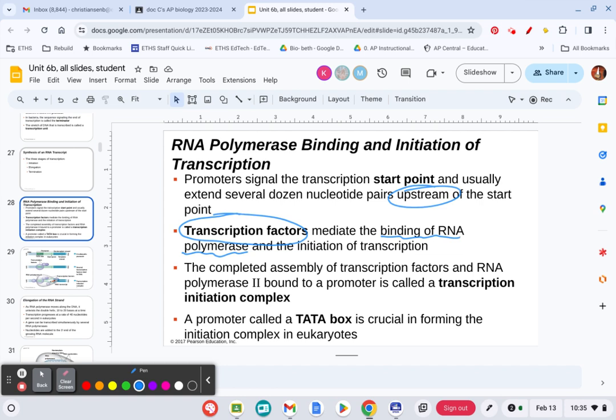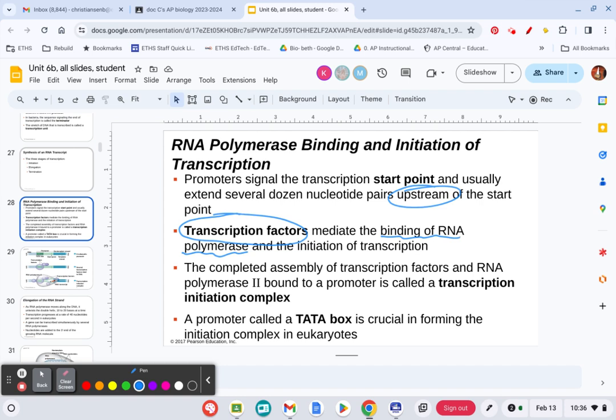Because RNA polymerase, sitting on that DNA kind of like a train on tracks, can fall off if it doesn't have some help to stabilize it and make it stay where it needs to stay. So those transcription factors need to be made. And you can regulate whether or not gene expression happens by either causing those transcription factors to appear or inhibiting them so they don't appear. So it's a way of fine-tuning the whole process.